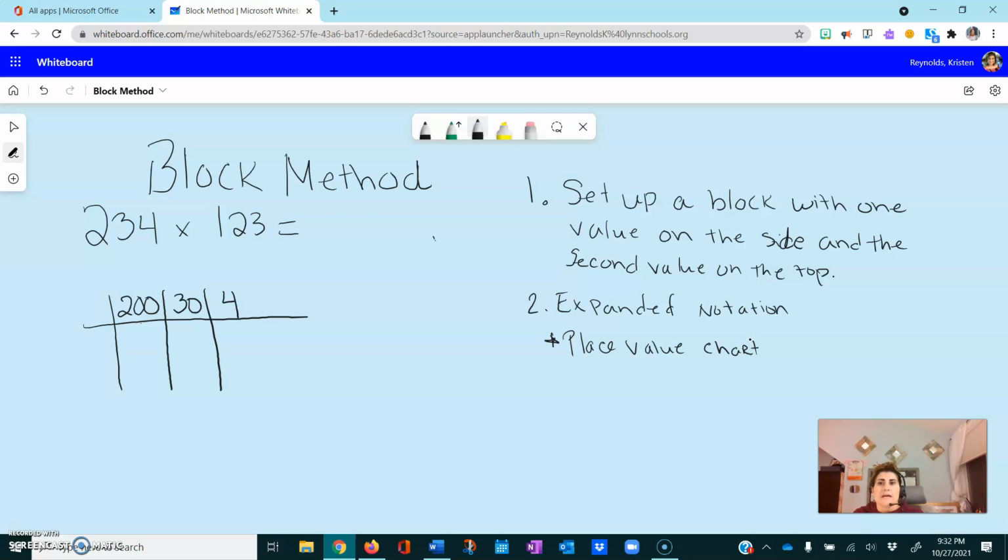Okay? Now, down the side, I'm going to go ahead and expand out 123. So first number is 100, because I have 100. So put that here. And then I make my line across.